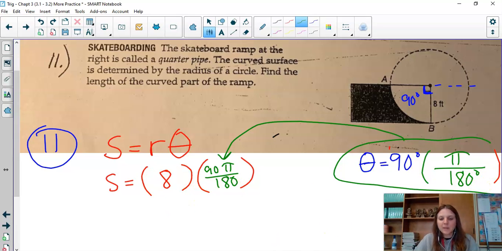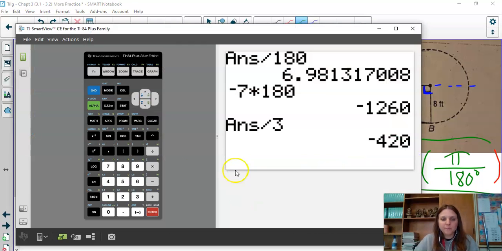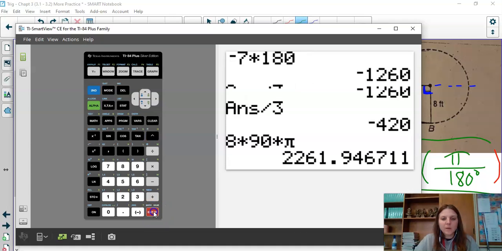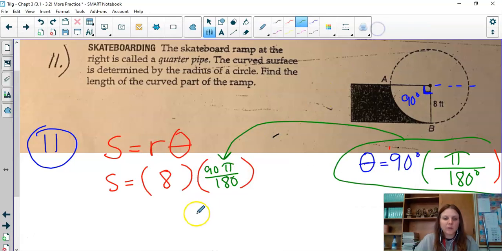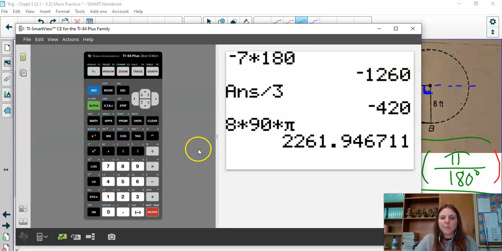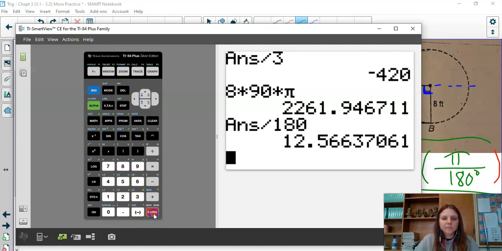Okay, now I'm going to type it into the calculator. 8 times 90 times pi, hit enter, and then divide by 180. Unless it specifically says to leave your answer in terms of pi for these story problems, then feel free to round it to the nearest tenth. Notice I'm hitting enter, and then I'm going to divide by what's in the denominator, 180.